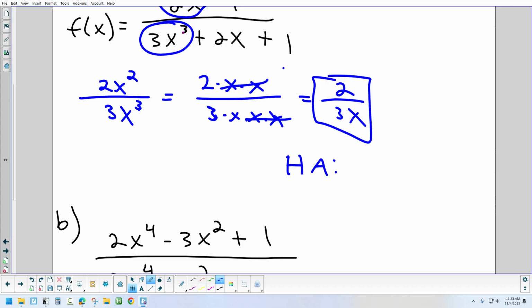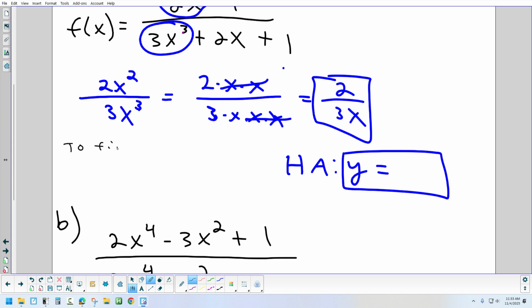Y. Y equals. Now, this is what the EBM is really used for: to find the horizontal asymptote. Use the EBM.